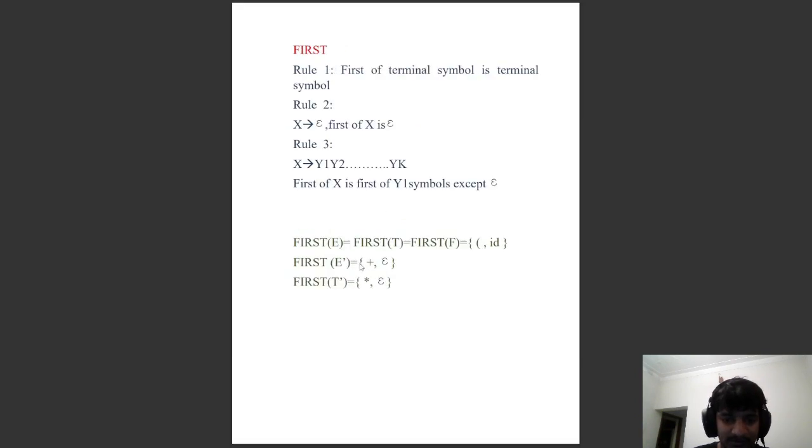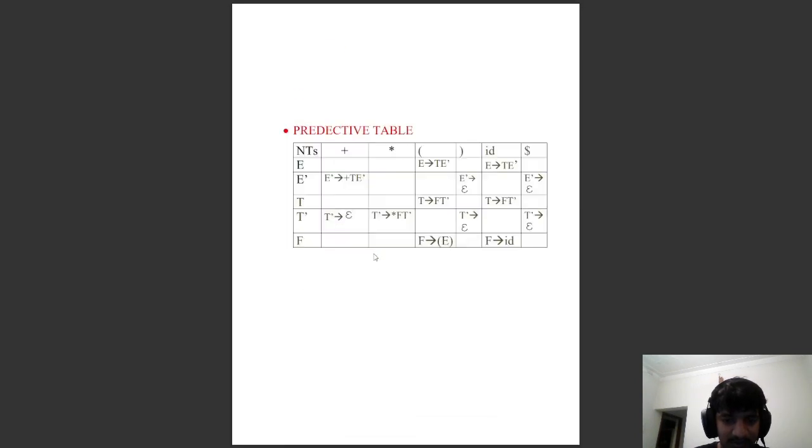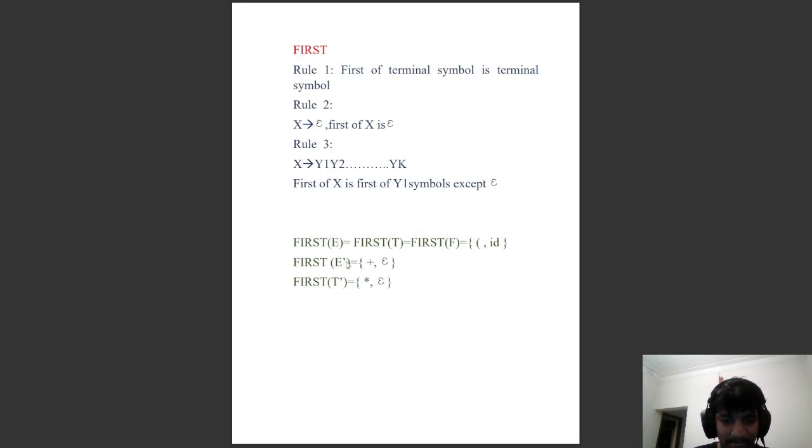Next for E dash, first of E dash is plus and epsilon. So if there is an epsilon, you take the follow of E dash and fill that also. So here as plus, so E dash tends to plus T E dash, and since in the first of E dash there's epsilon, you take follow of E dash.